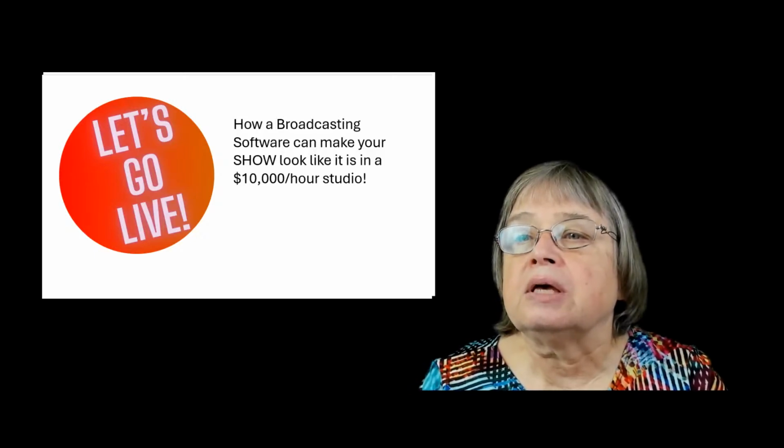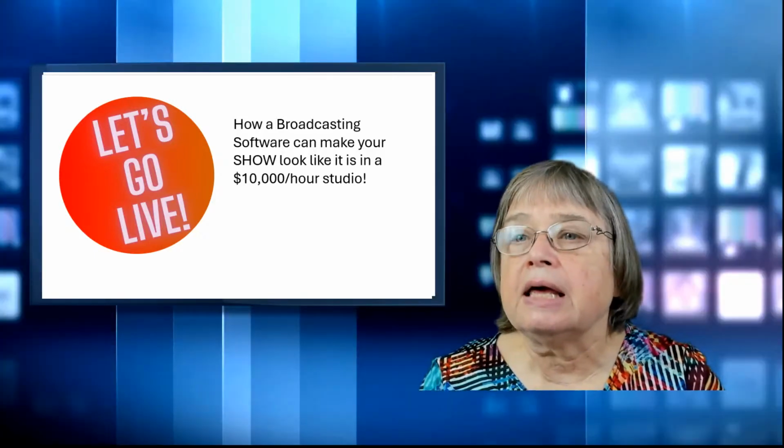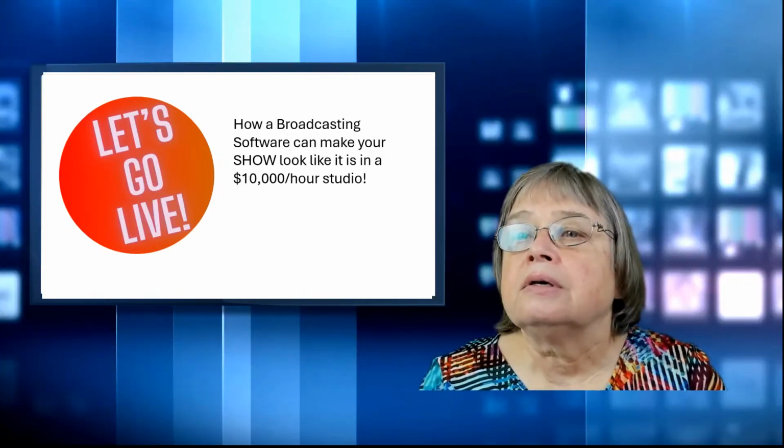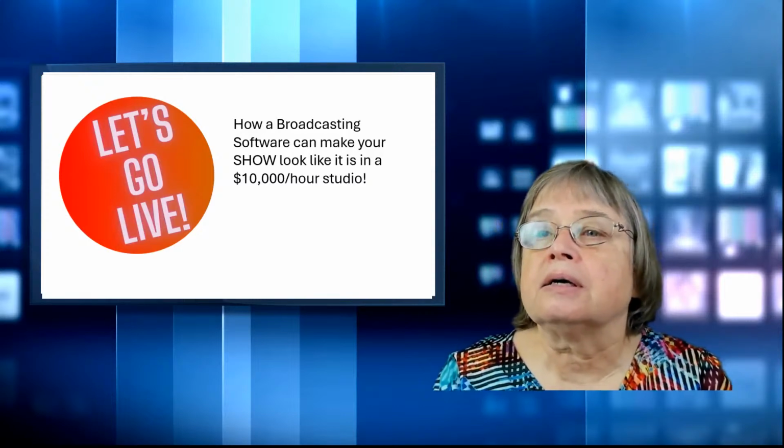And then we turn back on our movie, here it is up here, and our picture for our lower third. So you can do many things with broadcast software, but that's the simplest way.